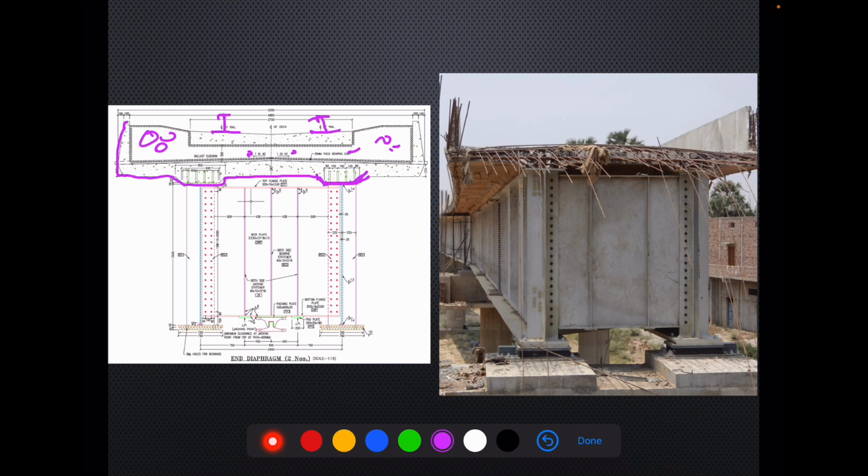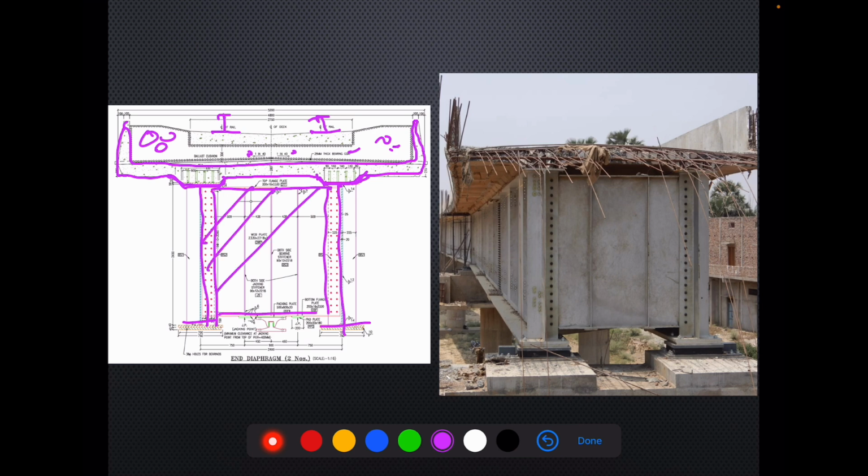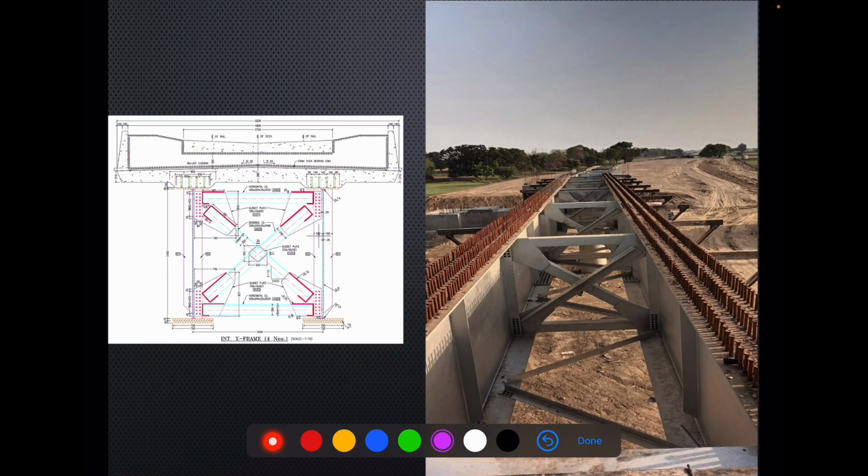This is called haunch. And below this deck slab, we have I section plate girders, which are at the end joined by an end diaphragm. So this is how the arrangement is at the end.